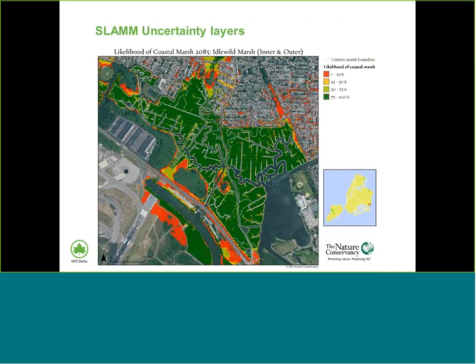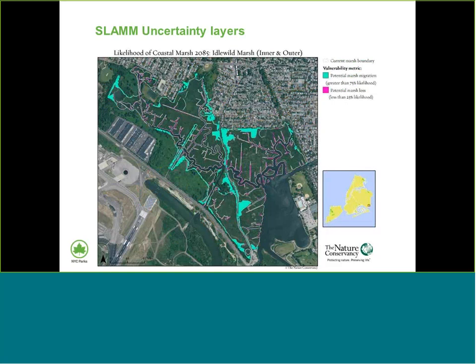And this is an example of the uncertainty layers where we pulled the likelihood of coastal marsh information out of, again, for the 2085 time horizon. You can see here in the green, it shows that the areas in green have a 75% or greater likelihood of being coastal marsh in the 2080s, and the areas in red have a 25% likelihood or less of being marsh in 2085.